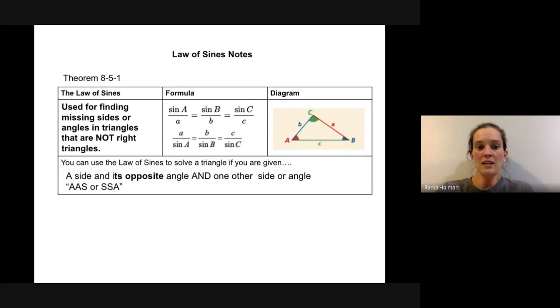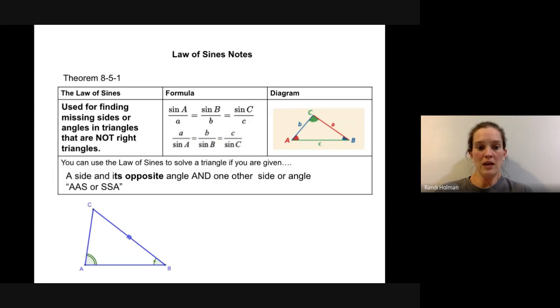We can use it anytime you know a side and its opposite angle and one other piece of information. That other piece of information could be a side or an angle. If we think back to how we talked about our triangles in congruency, essentially what we're knowing here is angle, angle, side, where we know two angles and a side that's not between them.